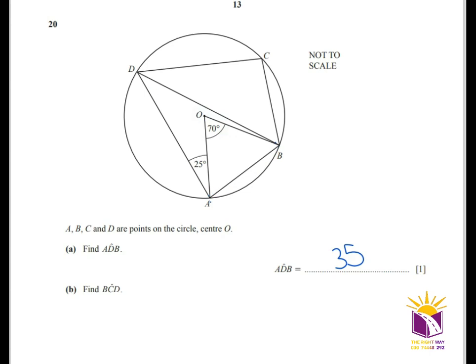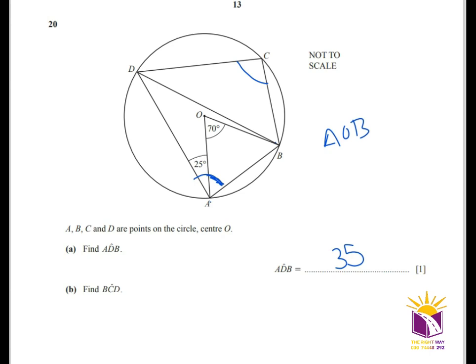Now you have to find angle BCD. For this you have to know that the opposite angles of a quadrilateral add up to 180 degrees. But we are given 25. If we get this angle inside the triangle AOB, we can solve it.